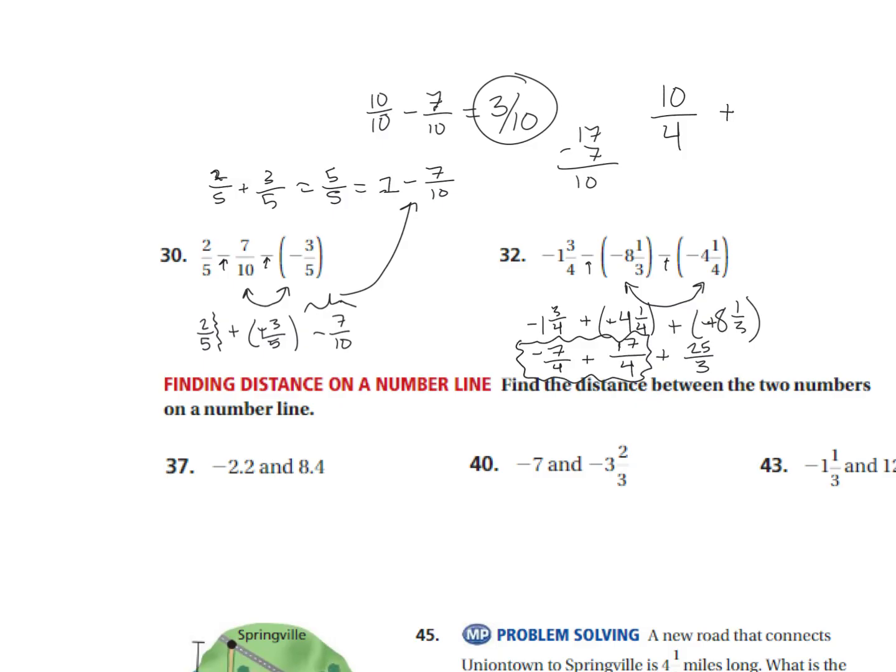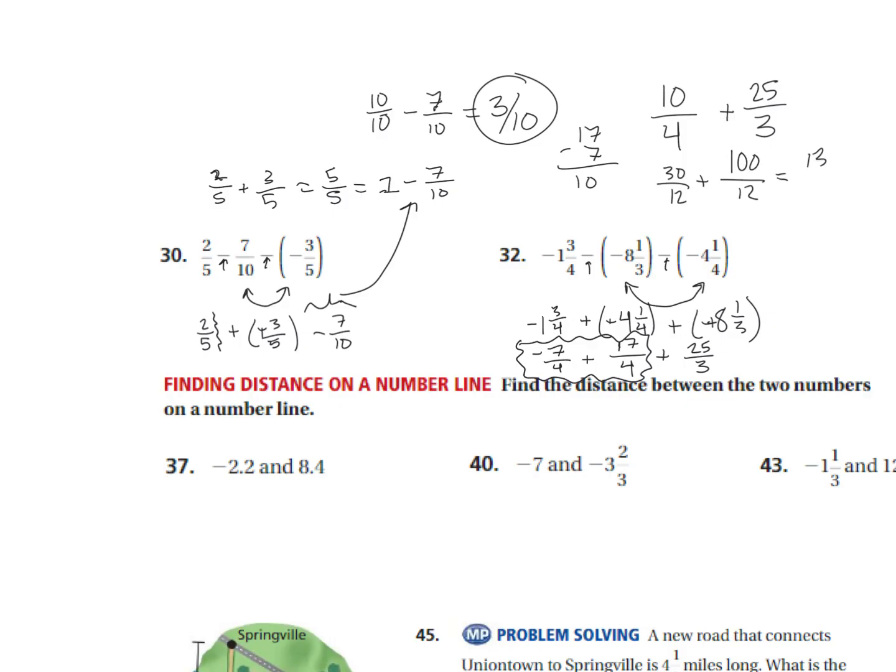Now 10 over 4 plus 25 over 3. Again, I'm going to think what's my least common multiple between the 4 and 3. It's 12. So we're going to change each of these to be over 12. 4 times 3 is 12, so 10 times 3 is 30. 3 times 4 is 12, so 25 times 4 is 100.